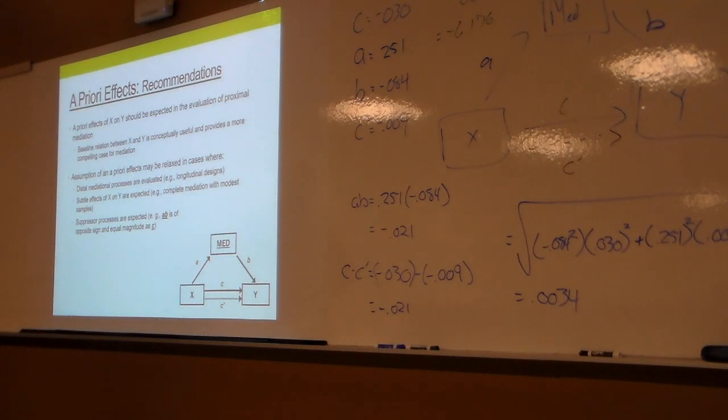Or if I expect some sort of suppressor process where my indirect relation is of opposite sign and equal magnitude to my residual effect that's left over, again, talking about that as maybe a situation where I might still want to proceed with my mediation analyses, even in the absence of an association here.